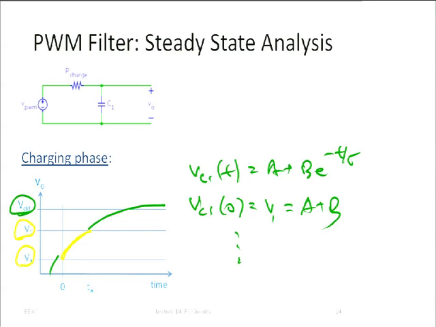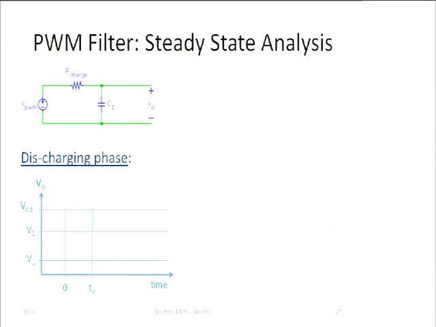Ditto for the discharging phase. Oh, the circuit is not quite right here. The discharging phase now, this would be VPWM now is 0 volts, right? Okay. So we are discharging, and so then we are going down from VDD and on a path like this. And we want to know that time T2 it takes to go from V2 to time T, whatever I call it there, T2.